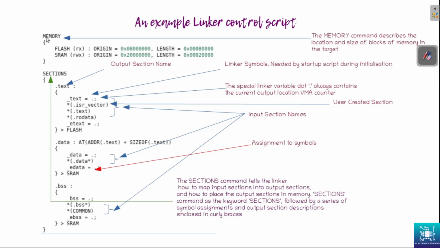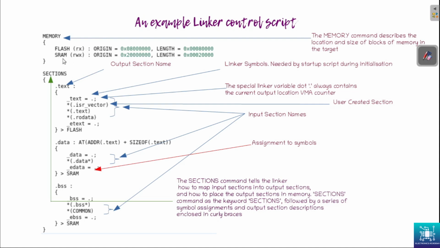Within the MEMORY command will be a description of the memory layout. So in our case we have a FLASH and SRAM. There could be a memory where you have SRAM in different locations. You could have multiple flash memories in different locations, so on and so forth. So you will have to have that many entries to describe the memory.